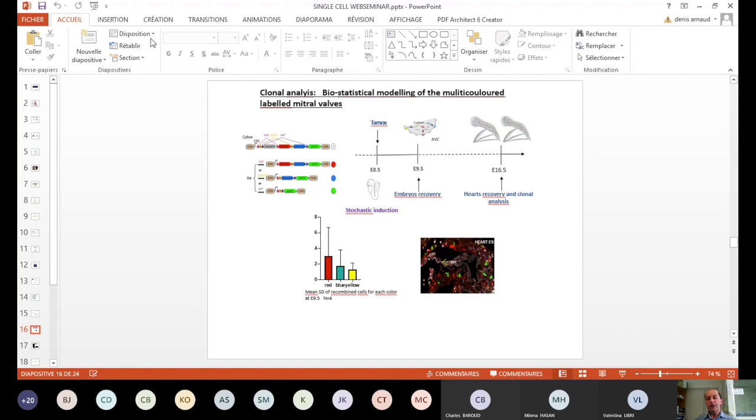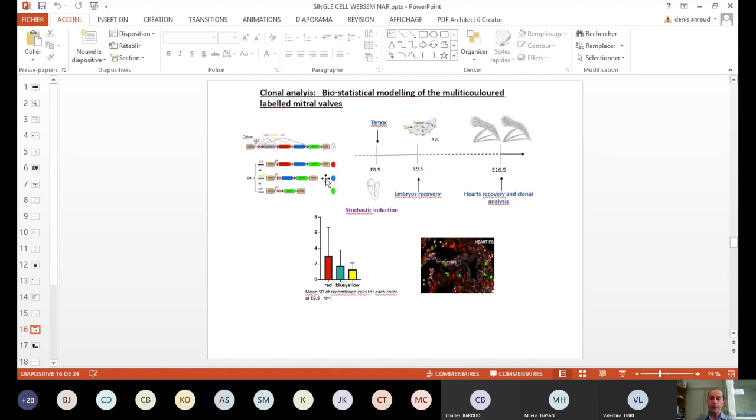All these genes are flanked by different lox sites with different sensitivity to the Cre. So if we use a very low dose of tamoxifen to induce the Cre, we are going to basically get expression of one specific color. And if there are two different recombinations, we will have two colors or even three colors.